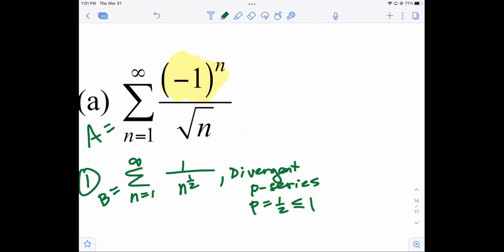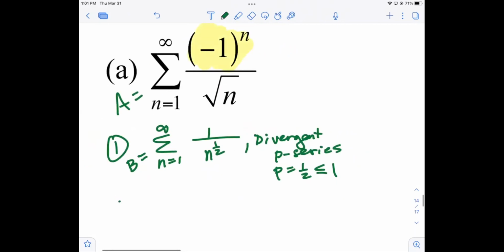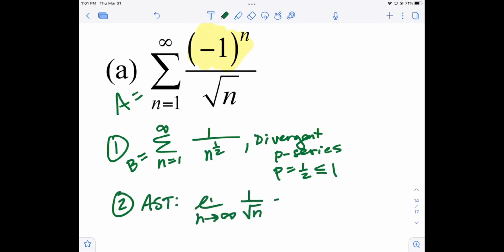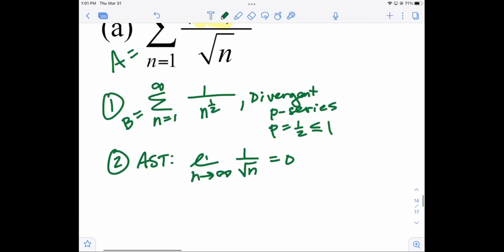Can he still converge under the condition that the alternator is intact? Yes. So number 2, let's go ahead and do the alternating series test. Is the limit as n goes to infinity of 1 over the square root of n equal to 0? Yes. And is 1 over the square root of n decreasing? Yes, it is.